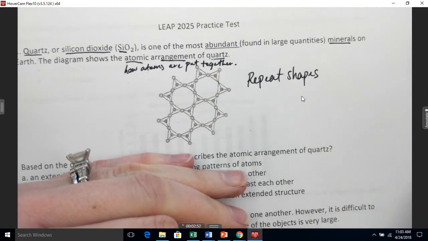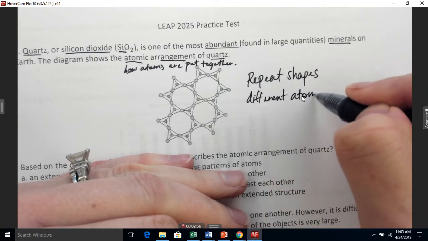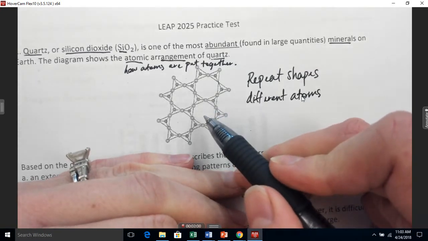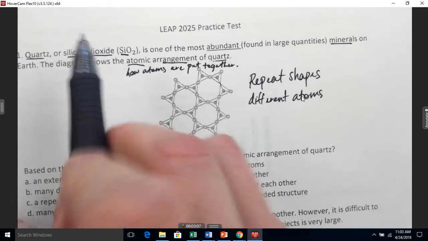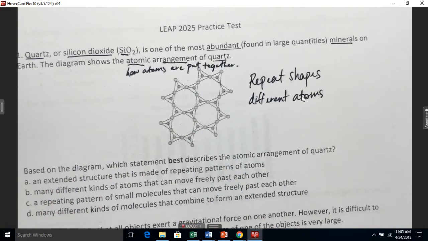No. So we have different atoms. And we only have a dark and a light. Would you agree with that? We only have a dark and a light because we're only dealing with silicon and oxygen. Does that make sense? Okay. Are we cool with that?